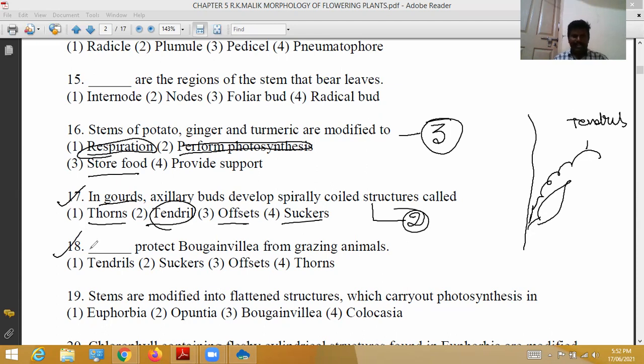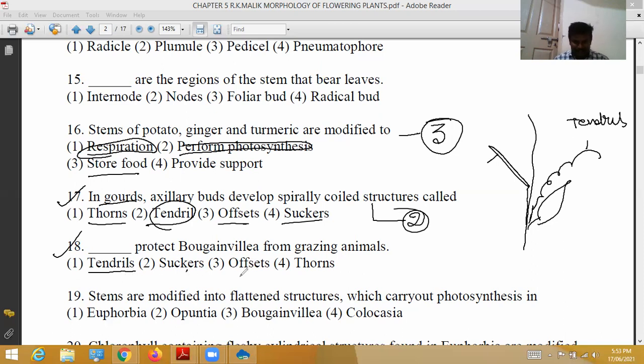Next, 18th question: dash protect the bougainvillea from grazing animals. Some browsing animals feed on bougainvillea, so such plants develop protective organs.